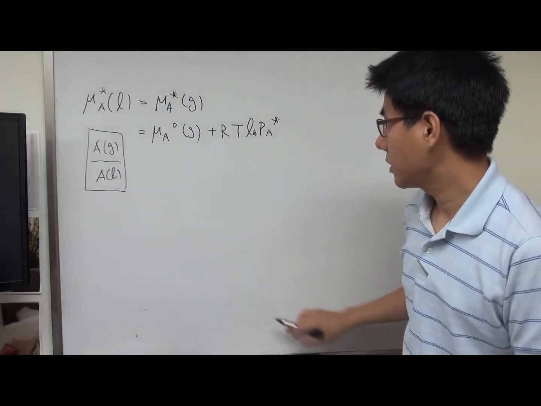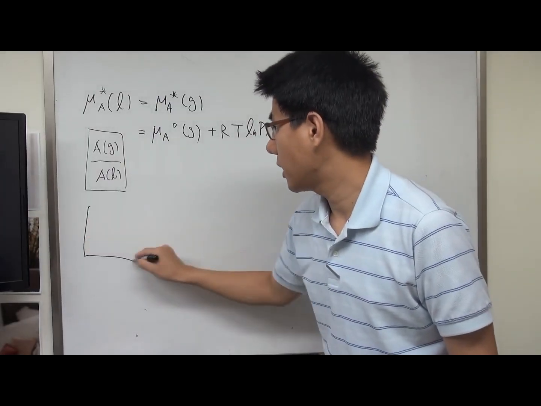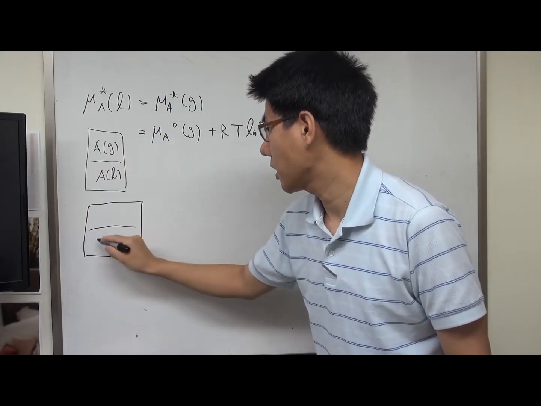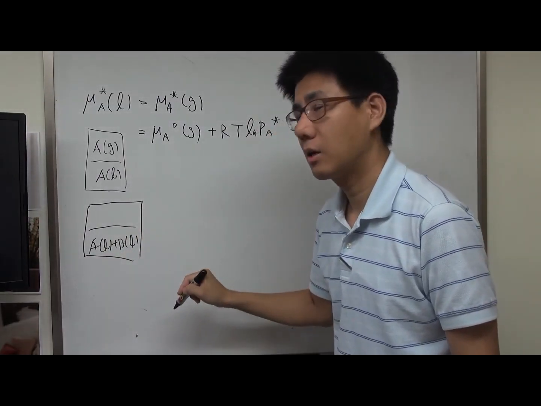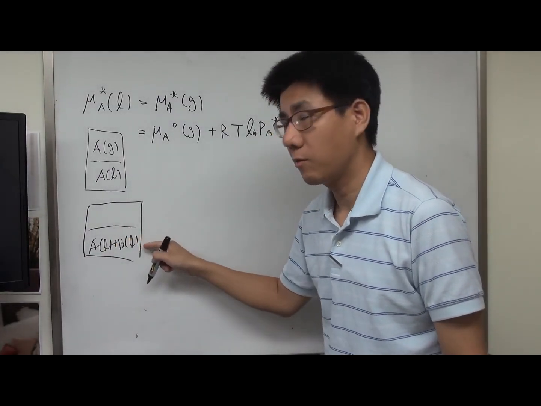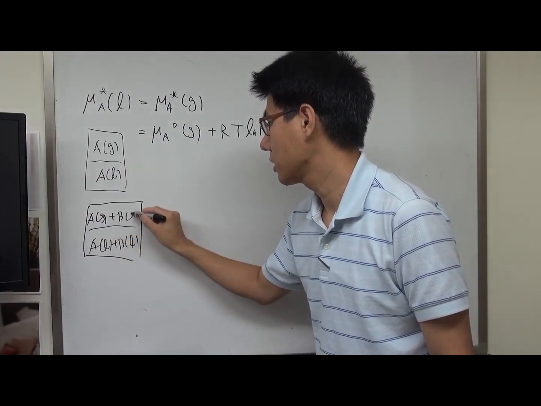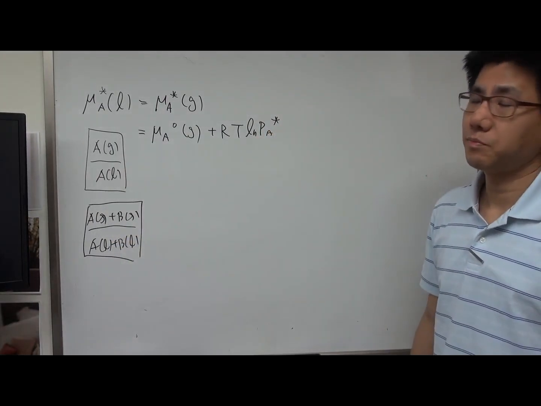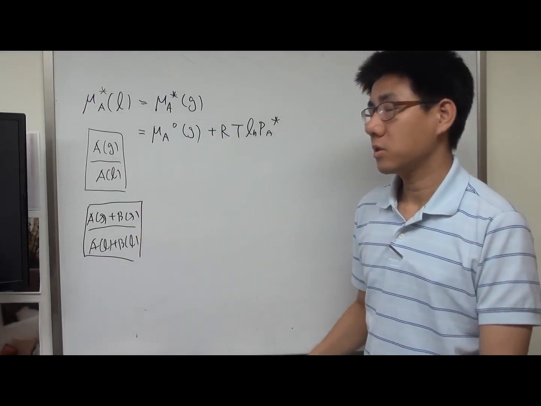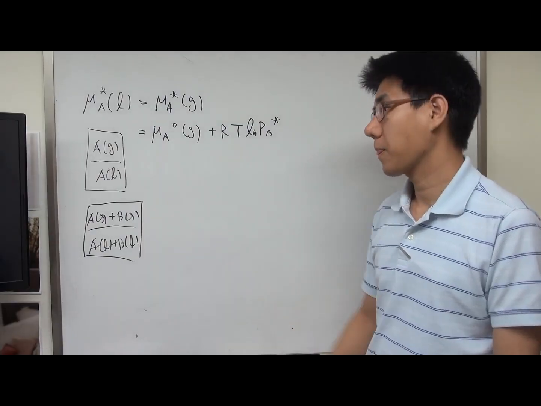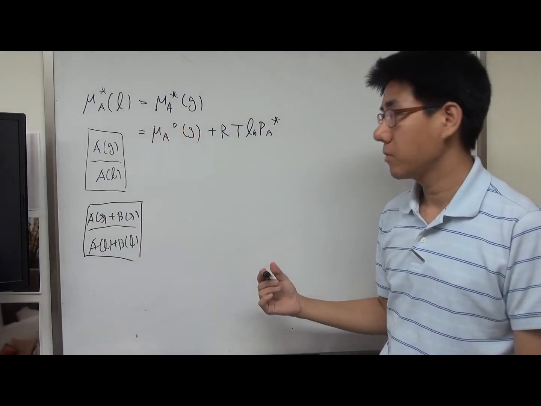This is for pure A. If there is another substance, A and B, right? And both of them are volatile, so both of them would evaporate, then what will happen? In this case, also liquid and gas phases are at equilibrium, we assume. Then chemical potential of liquid and gas should be the same.